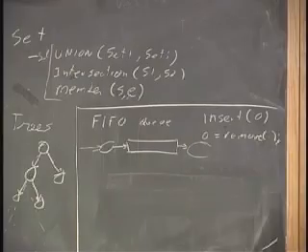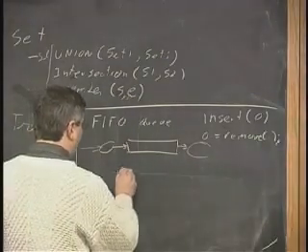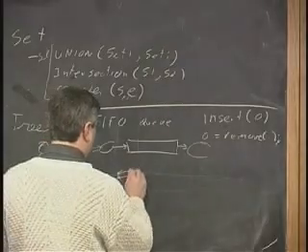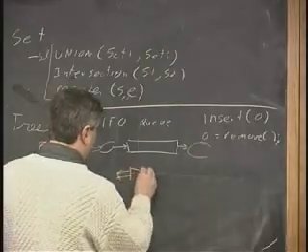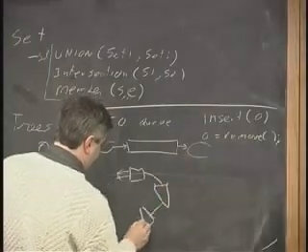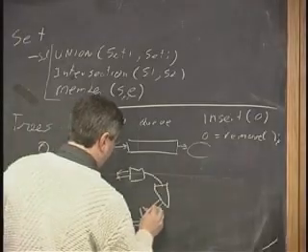Another implementation of FIFO that's common is doubly linked lists. You have a linked list, with a head and a tail, and then a series of links. And you have links going both ways.